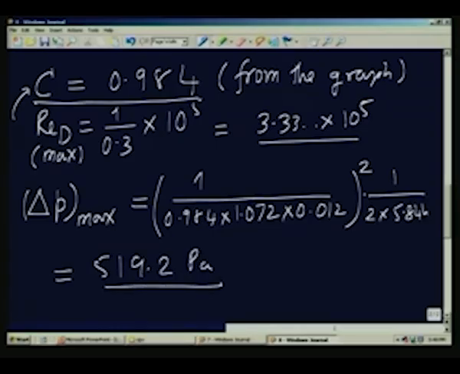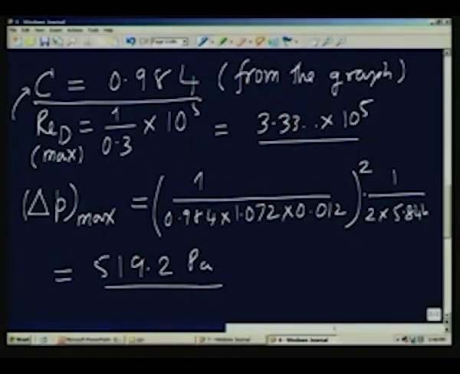Actually, I can convert it to a more useful unit in terms of millimeters of water. All I have to do is divide it by, assuming the water density is 1000, which is a good enough approximation for this problem, you simply divide this by G, which is 9.81. So this can be converted into millimeters of water.